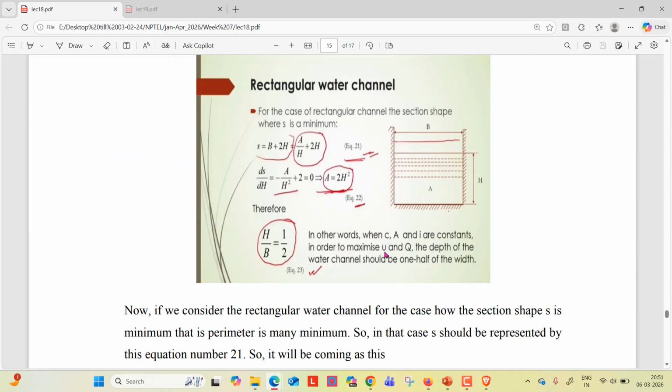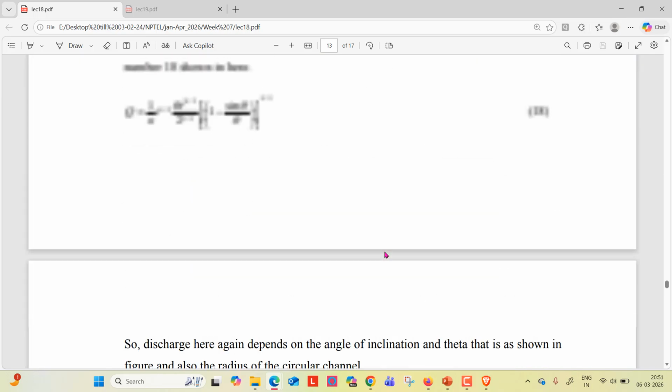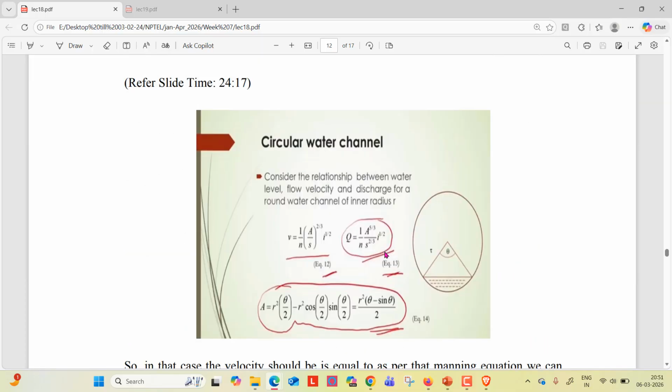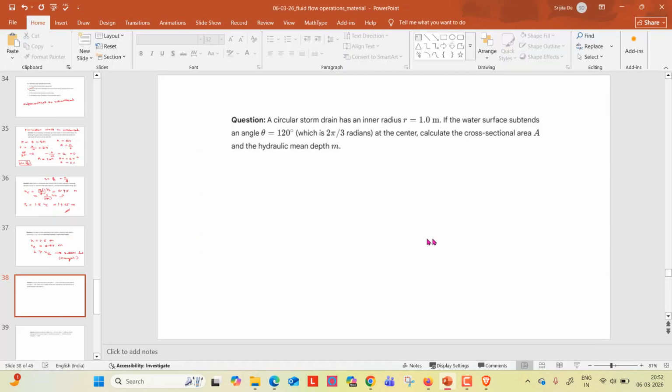Where was it? Yeah, it is r square by 2 into (theta minus sine theta). A cross-sectional area A is r square by 2 (theta minus sine theta).